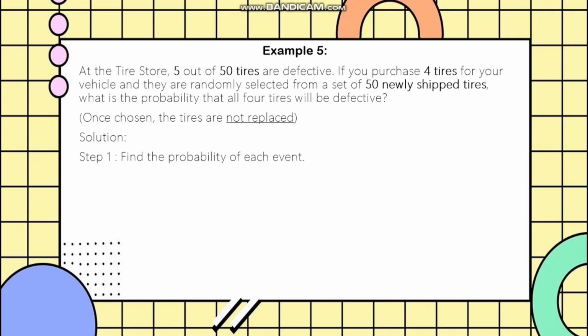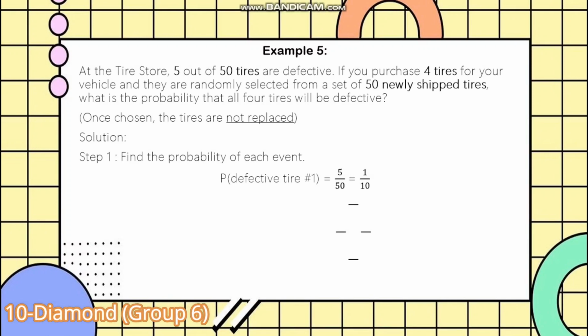Step 1. Find the probability of each event. First, the probability of defective tire number 1 is equal to 5 over 50 or 1 over 10 if simplified. Second, the probability of defective tire number 2 is 4 over 49.